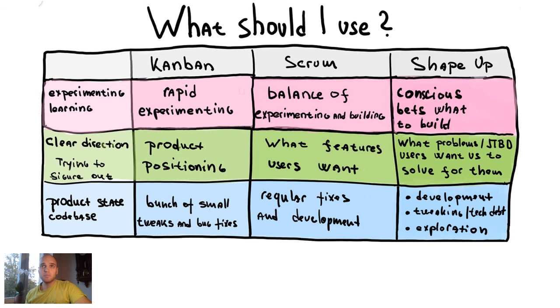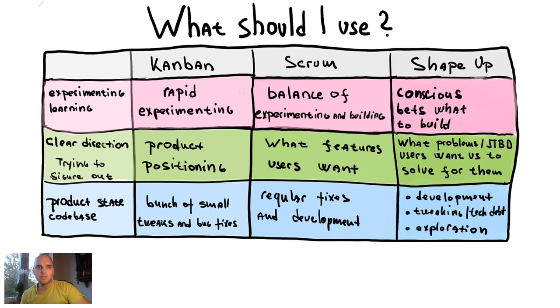So again, even if you don't use ShapeUp, whenever you are creating requirements for some ticket, think about the problem, think about the jobs to be done statement that the ticket is trying to address.